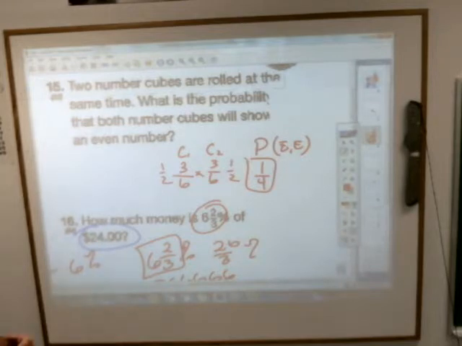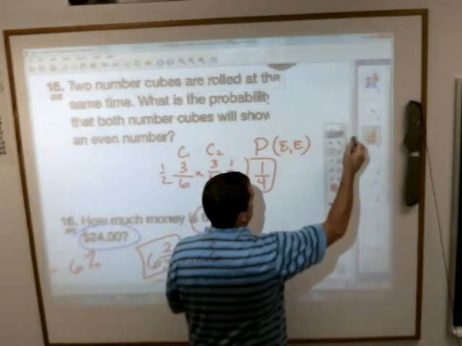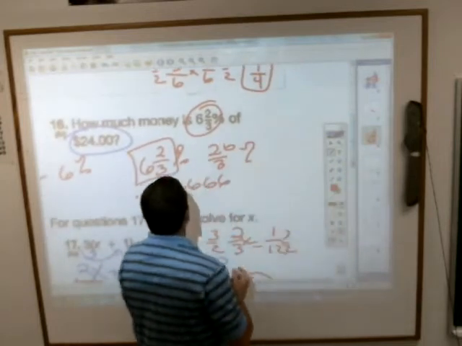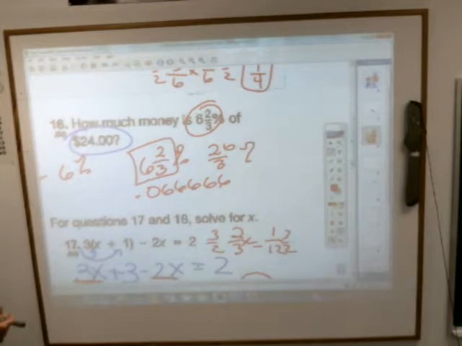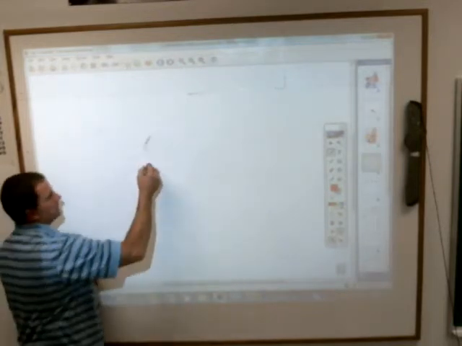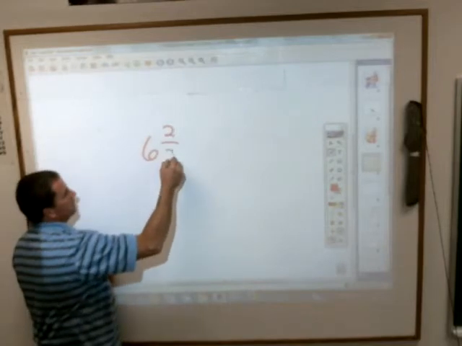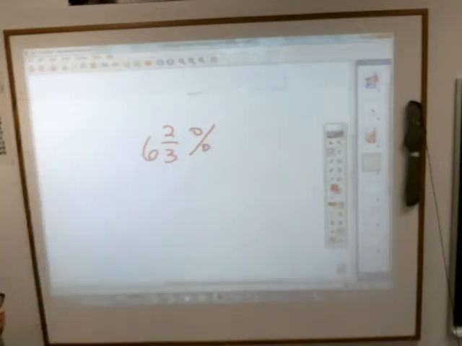Number 16, but how did you do the 20 over 3 over 100? It's probably worth doing this again. You do it big and slow, because it's a good thing for everybody to know. What does percent mean? Out of 100, right?